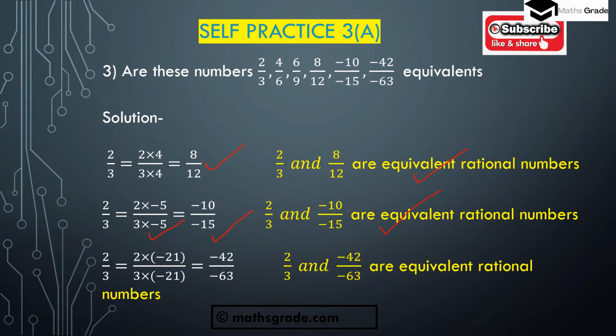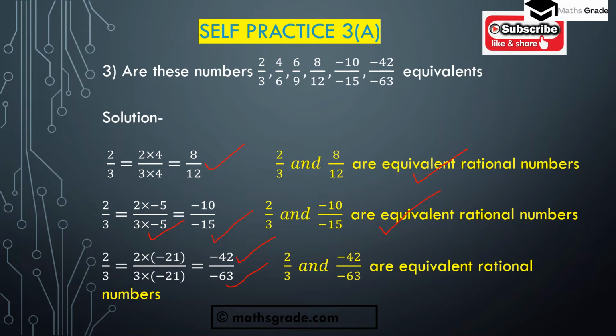2/3. If we multiply -21 with 2, we get -42, and if we multiply -21 with 3, we get -63. So -42/-63 is equivalent to 2/3.